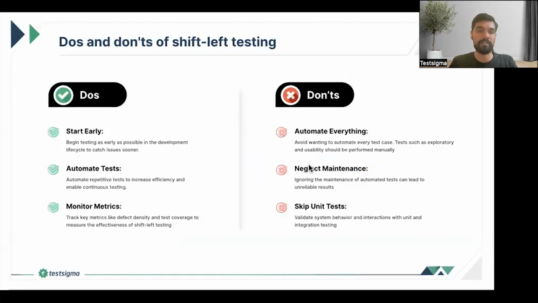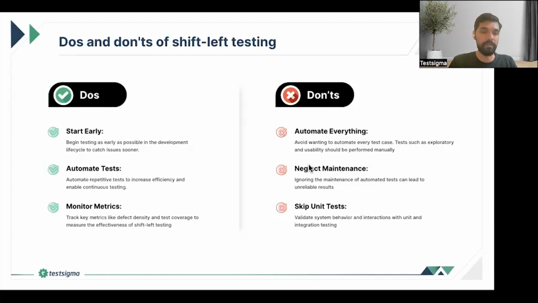Automate repetitive tasks, automate maybe your sanity and regression packs, but keep running your exploratory tests and unit tests every now and then. And the other important thing is keep monitoring your metrics frequently.